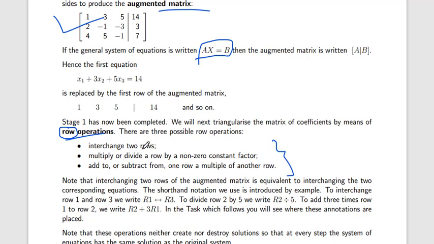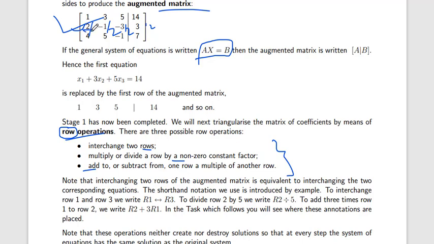We can interchange 2 rows, multiply or divide a row by a non-zero constant factor. If you have to multiply this by 2, we can multiply this equation by 2 also. And add or subtract a multiple of one row to another.